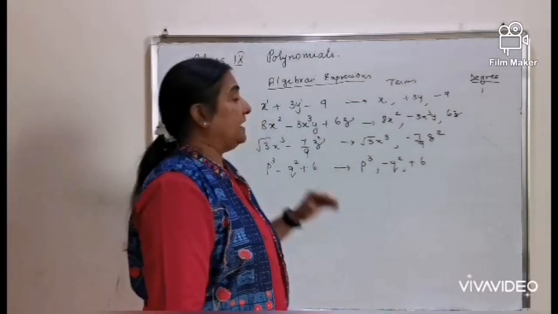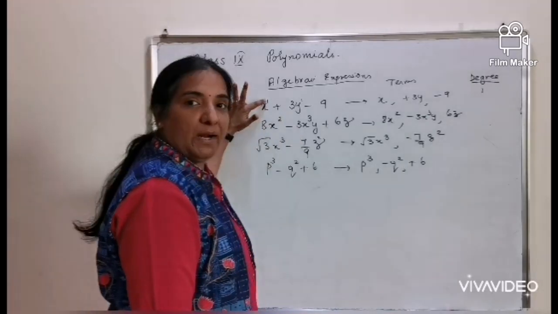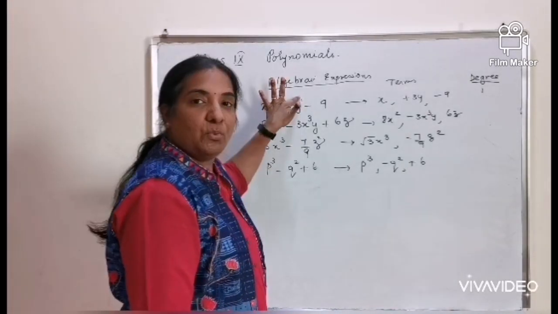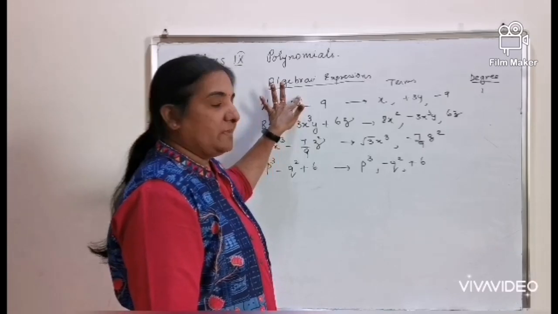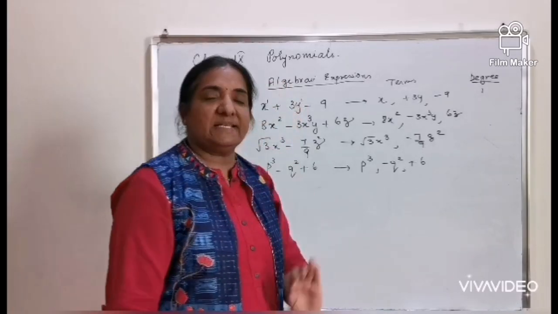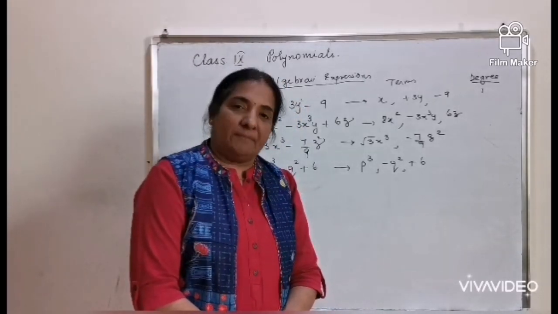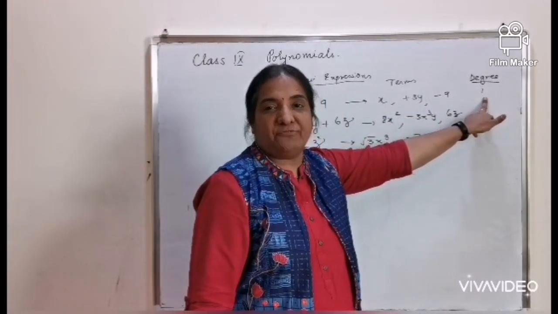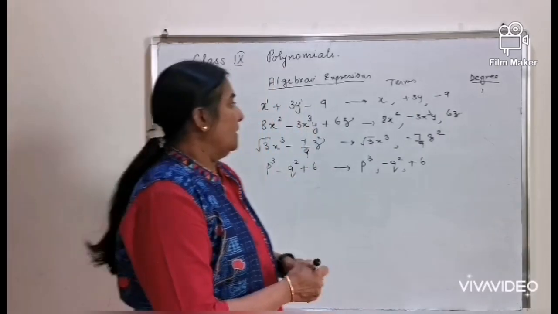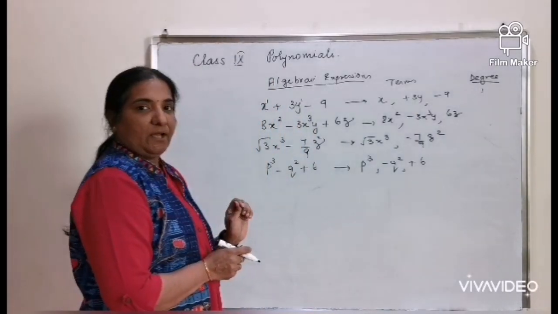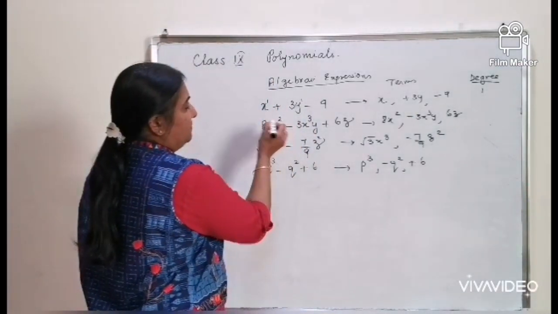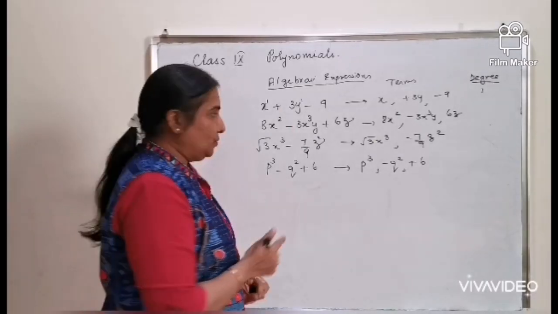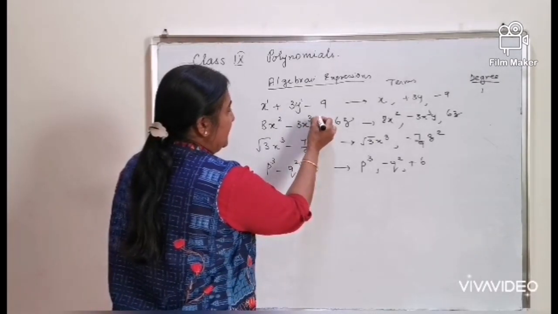The power of the variable x is 1. The power of the variable y is also 1. So, which is the maximum power here? The maximum power is 1, and so this expression is of degree 1. What about the second algebraic expression? The power of the variable x is 3, and here it is 1.